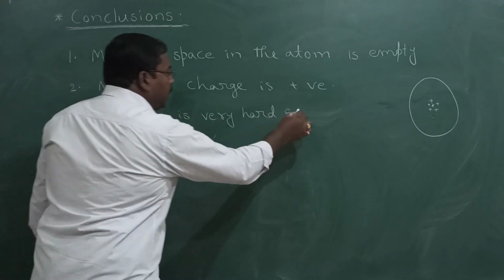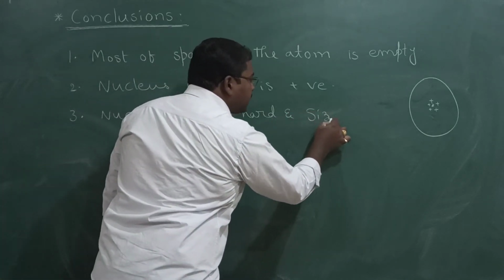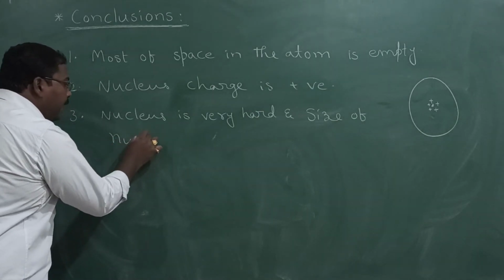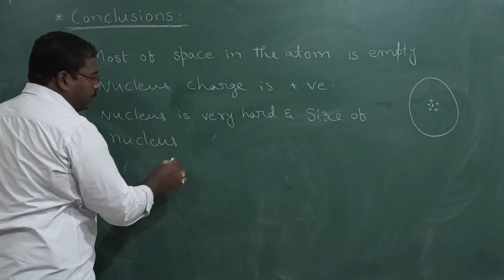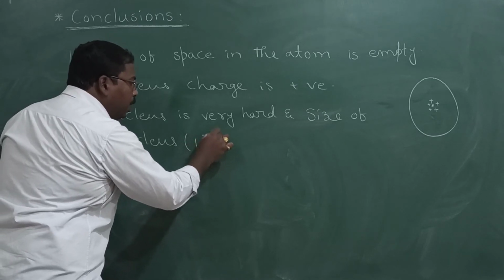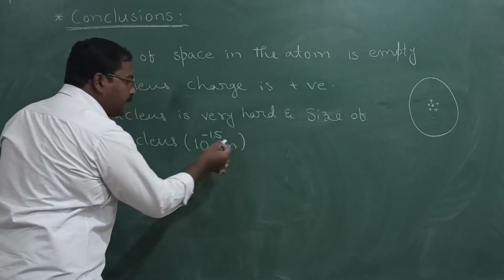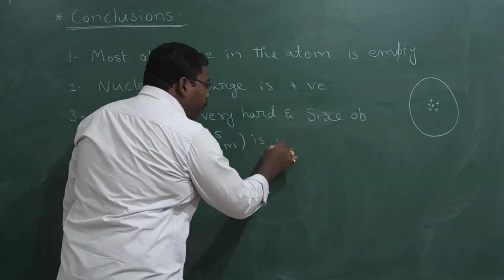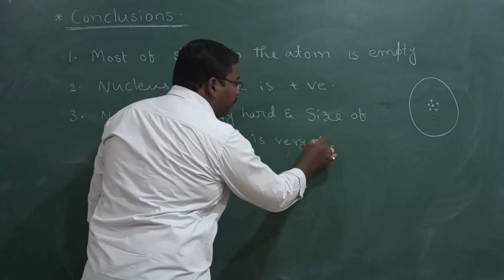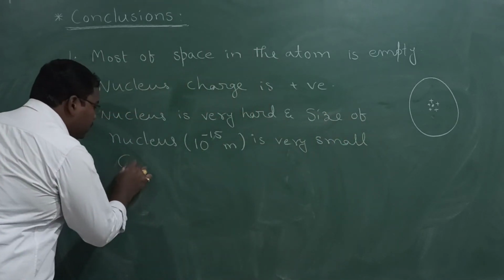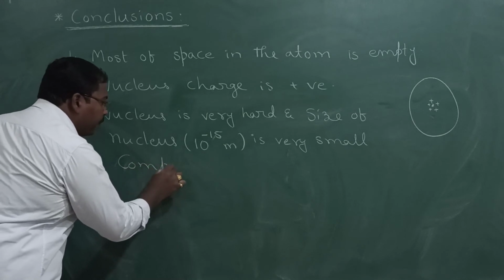And coming to the size of nucleus, the size of nucleus is very small. It is approximately 10 to the power minus 15 meters, which is very small when compared to size of the atom.